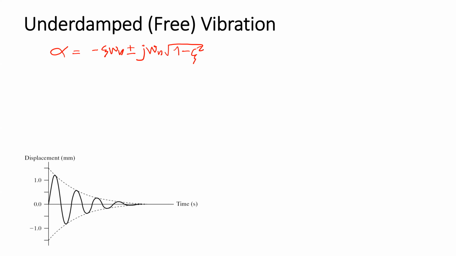For the underdamped vibration, the damping ratio is between 0 and 1, and the root is of this form, which has a real part and an imaginary part.